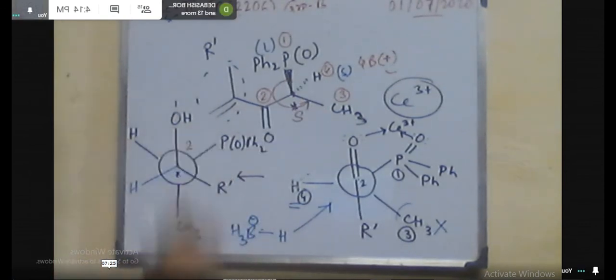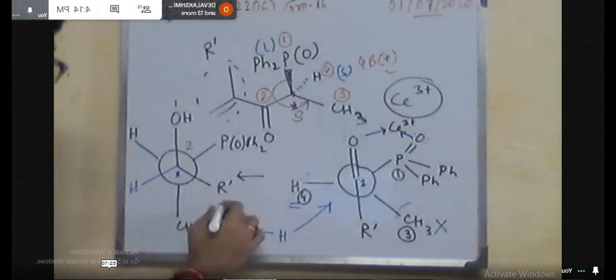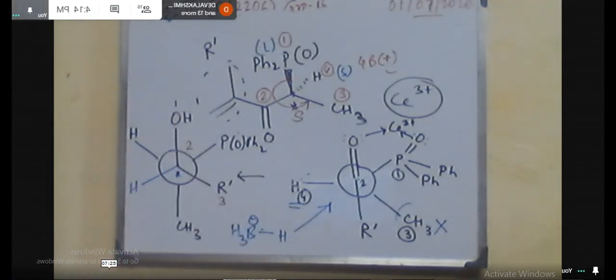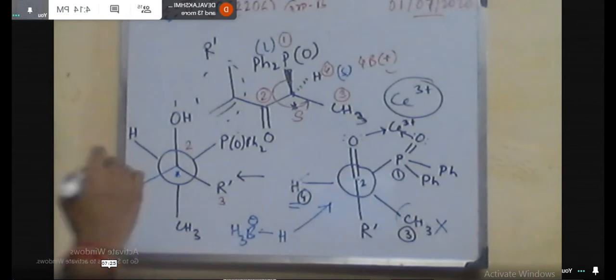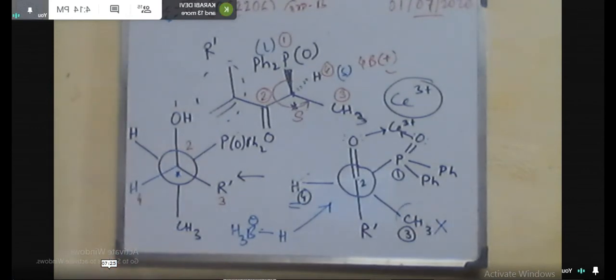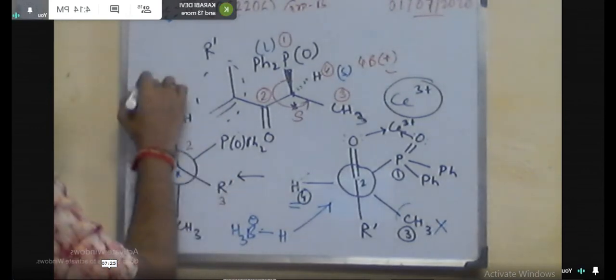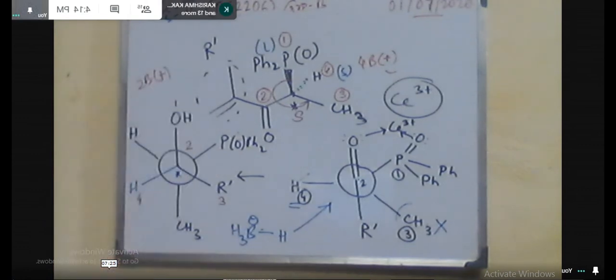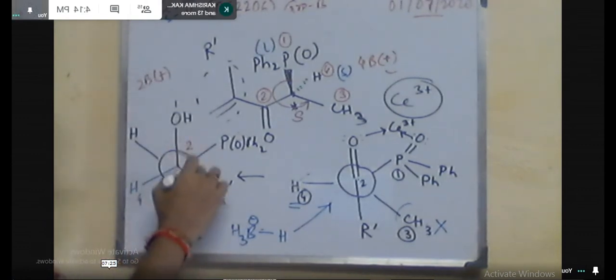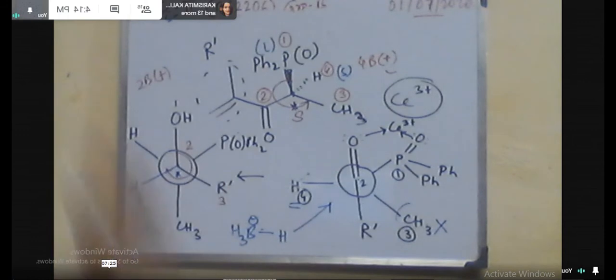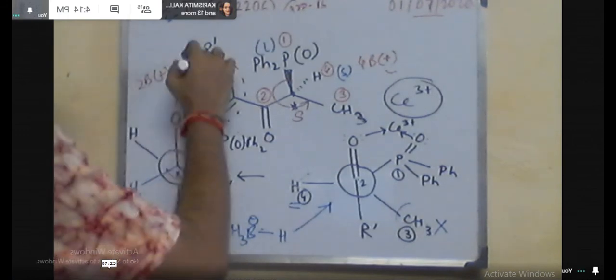Now this position will be reduced and form the alcohol. So according to the numbering, this is 2, this is 3, and here rotation is clockwise. That means here the configuration is R by applying this model.